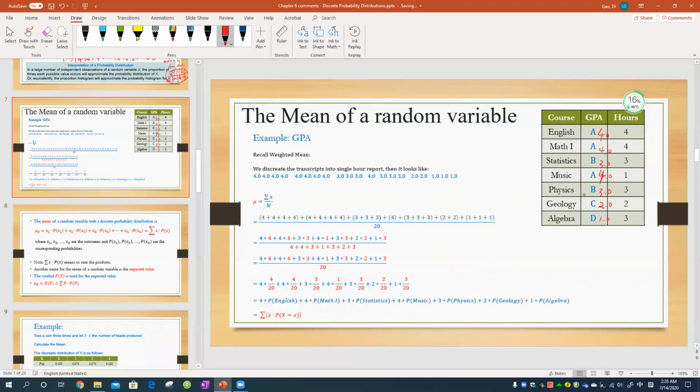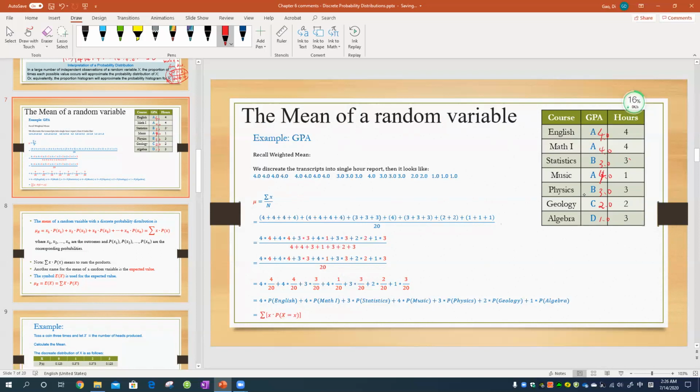So for 4.0, 4 hours means you got 4 of those. So we can rewrite it as 4, and then another 4, and then 3, the hours 3, that means you got 3.0, and then 1 hour of A, so 1 4.0, and then 3, and then 2, and then 1.